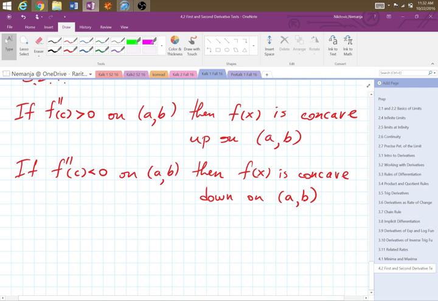So now, what we are going to do here is, as I said, the same procedure, except you go to the second derivative, you set it equal to 0, and so on. So let's define the inflection point.